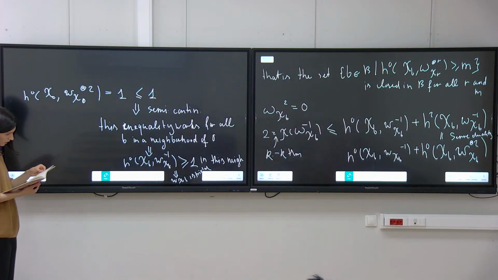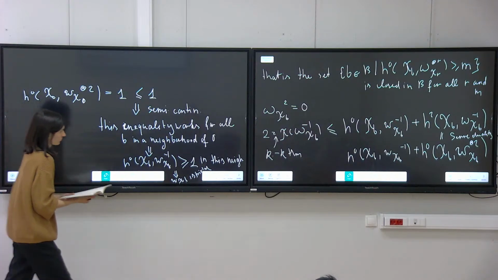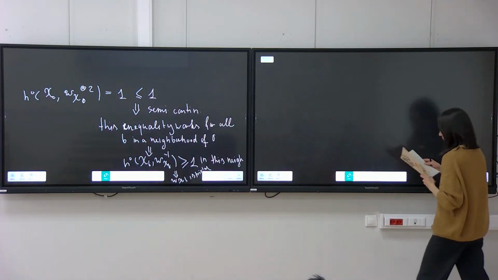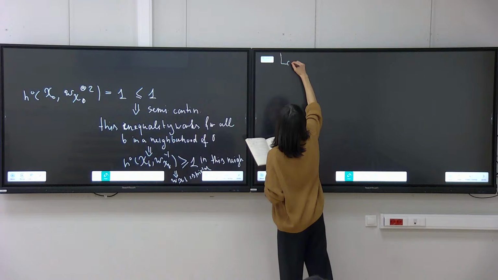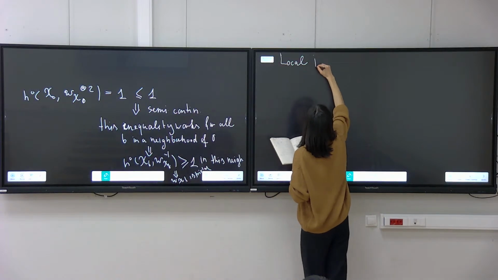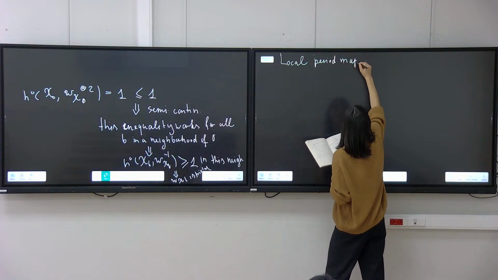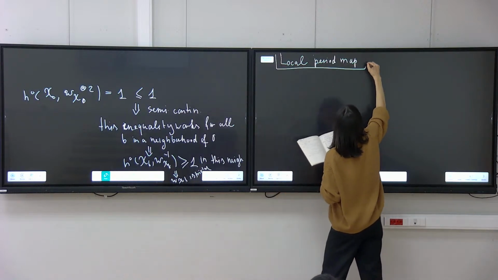And now I want to explain something about the local period map.